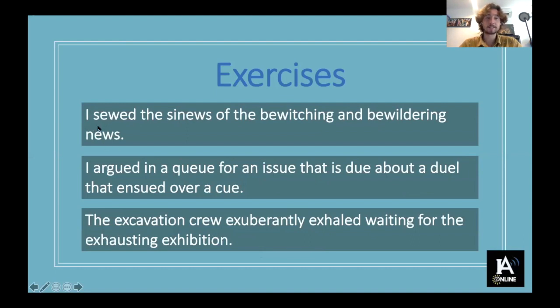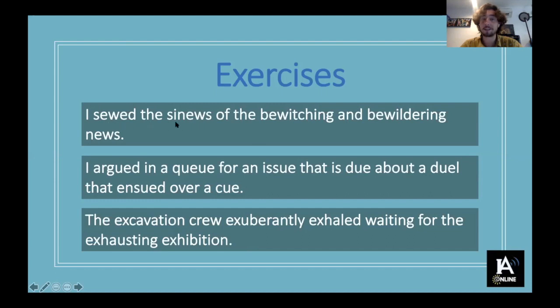Next one, I sewed the sinews of the bewitching and bewildering news. I sewed. This is very uncharacteristic. It's very abnormal. It's not normal for the EW to sound like this. I sewed. To sew something. I sewed the sinews.